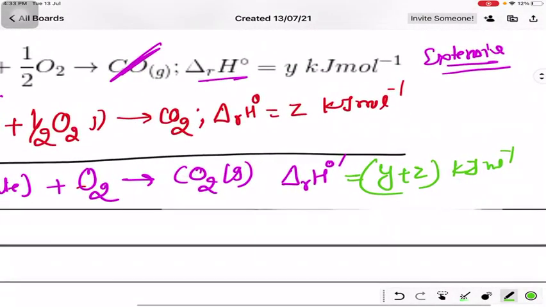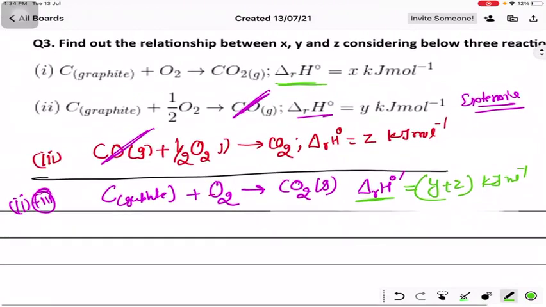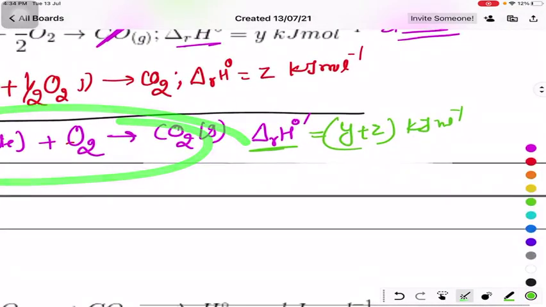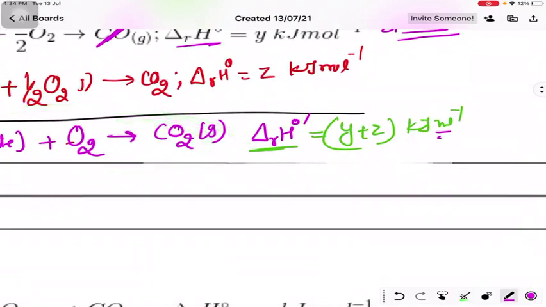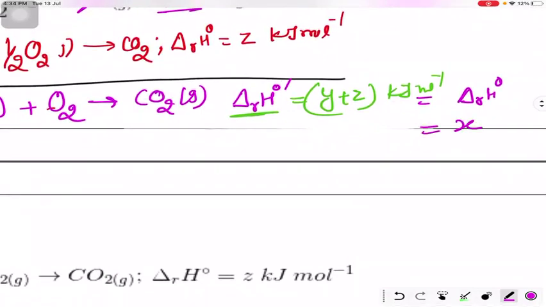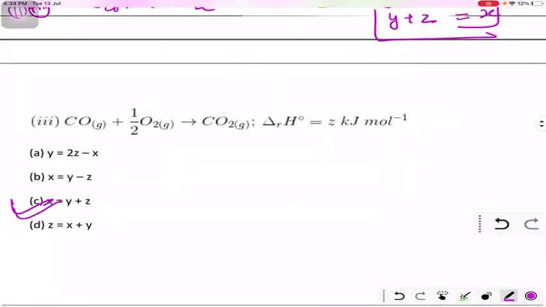Now this delta RH naught dash is equal to delta RH naught of first equation, because this equation is similar to equation number 1. So first equation, this is X kilojoule per mole. So what is the relationship? X is equal to Y plus Z. So our option number C is correct.